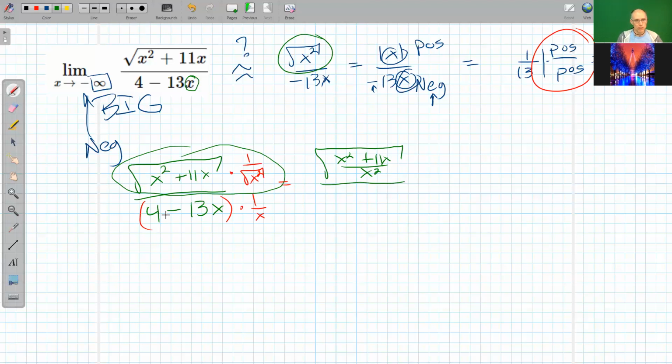And in the denominator, like before, that would be 4 over x minus 13x over x. Let's write that out. And then this simplifies a bit. X squared over x squared is 1 plus 11 over x inside the square root. And in the denominator, I have 4 over x minus 13. And again, think about the sign analysis here. X really is a negative number there.